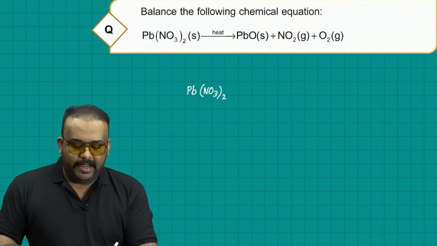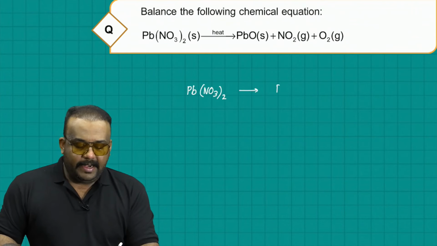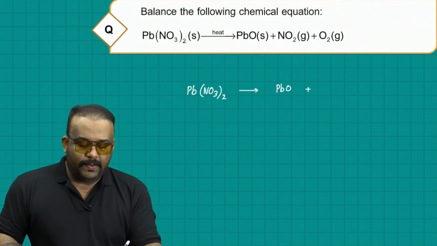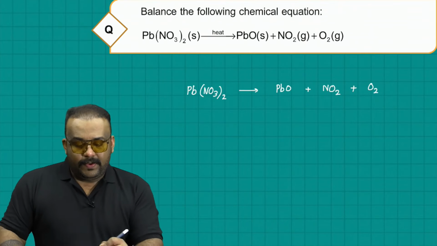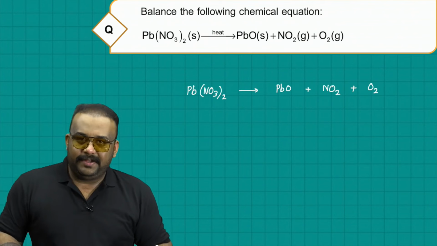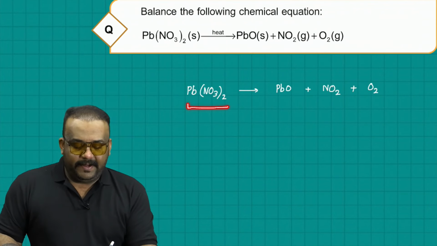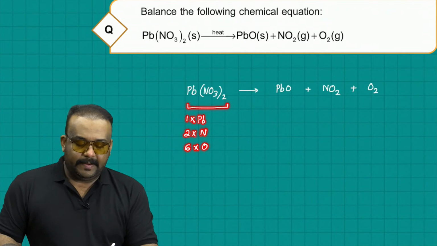Lead nitrate is Pb(NO3)2, and it is decomposing into lead oxide, nitrogen dioxide, and oxygen. So let's make a count of each atom present. On the left hand side, you can see there is 1 atom of lead. Then we have 2 atoms of nitrogen. Then we have 6 atoms of oxygen.